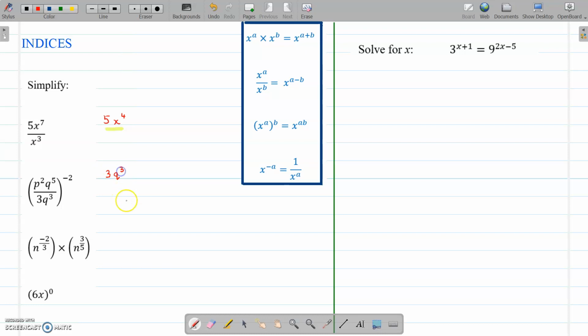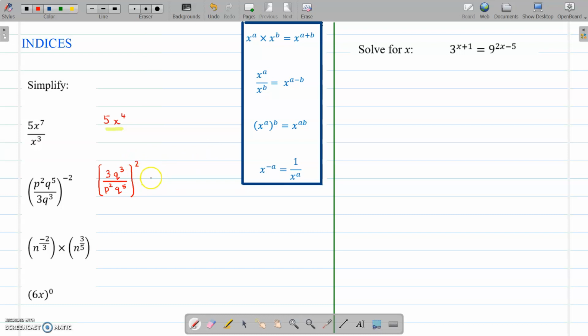And the denominator is going to be p squared q to the 5. Okay, p squared q to the power 5. And all of that is going to be raised to the power of 2. Okay, in other words, squared.